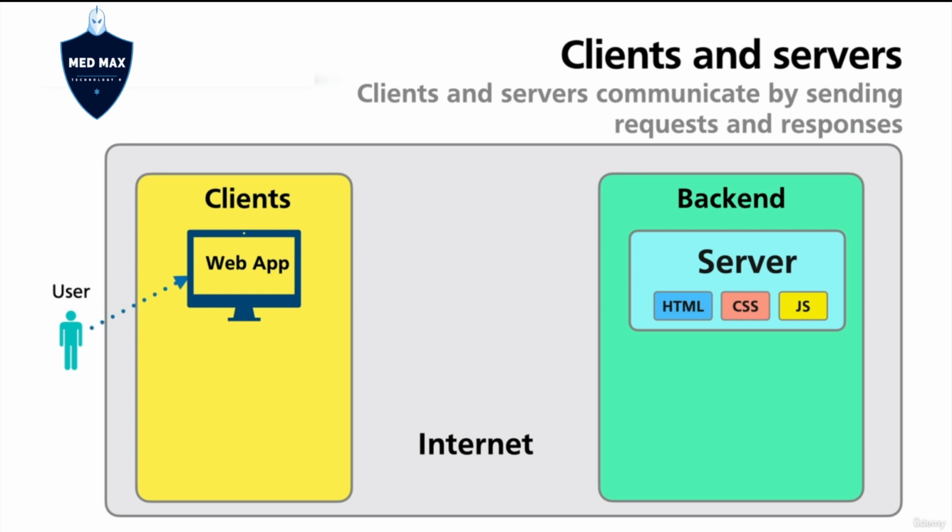User opens a web application. It initiates a request to the server. And depending on the request, the server could either immediately send a response, if it is, for example, a request for a CSS style sheet that is hosted directly on the same server, or send another request or even multiple requests to other servers.